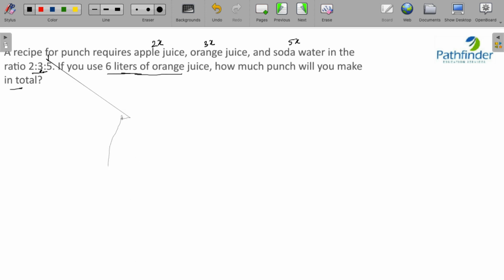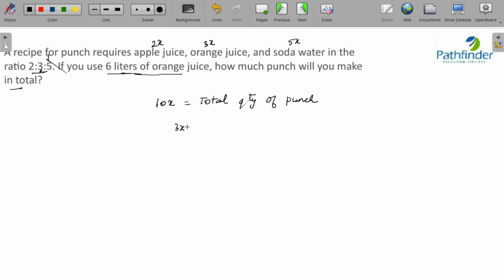Now what does that mean? It implies that 2 plus 3 plus 5, 10x, is the total quantity of punch. And how much is the quantity of orange juice? 3x.